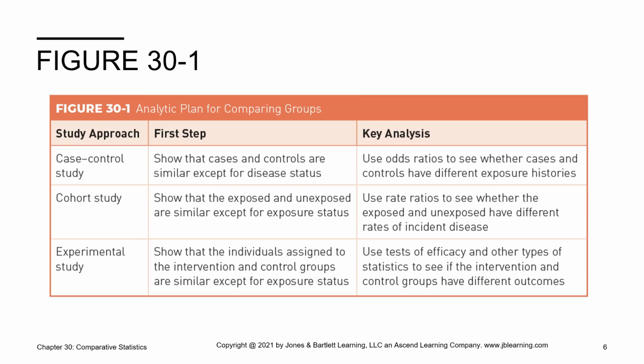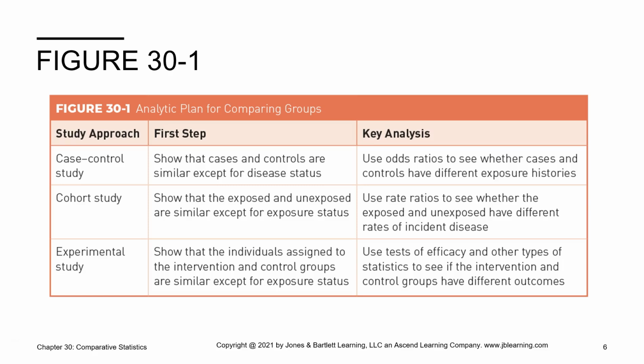And so it breaks these down by the different study approaches or study designs, and then it includes some steps and some key analytic approaches to use for that. So for example, the case control study. In this study, our first step is to show that cases and controls are similar except for disease status.